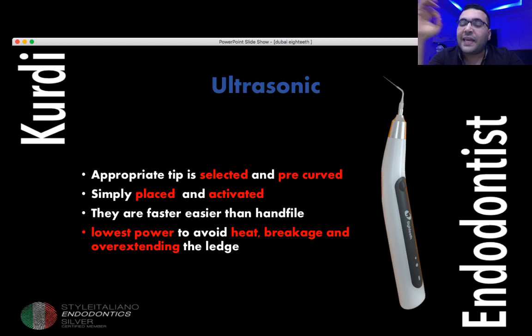They have a variety of tips, and the size of the tips is 20/02. Can you imagine? Just like a K file number 20. These great tips are very conservative, and I'm using this device in my retrieval cases nowadays. So I had to mention this Ultra X before we go to the next technique.